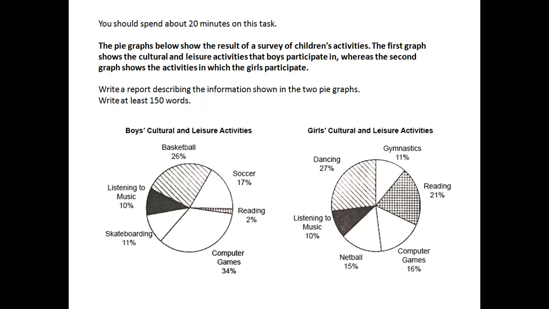Now we can write an introduction, something like this. Following this technique, we can say the two pie charts illustrate the proportion of male and female children who took part or who take part in various sports and recreational pursuits, isn't it?